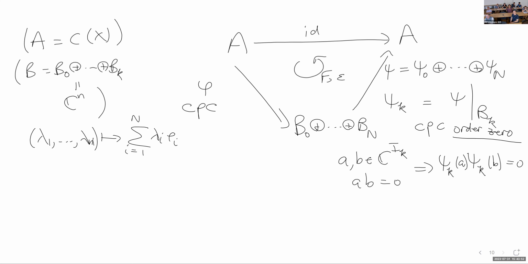That means they live on different components. When I map with psi_k, I'm mapping them to some linear combination of these elements rho_i, but the sets in that color k are disjoint. So if I take things in different components and map them to disjoint open subsets, then I get something orthogonal in C(X). So each of these is order zero. Between different colors I may not have this orthogonality, but within each color I do. And this is the definition of nuclear dimension at most n.